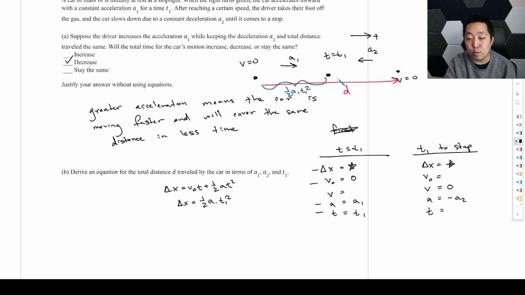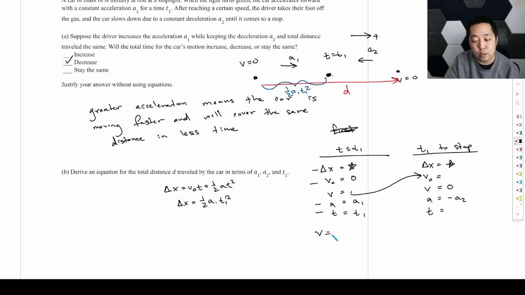However, because it's the same motion, the final velocity of the first part matches the initial velocity here, because whatever velocity we accelerated to can be used as the initial velocity. Once we know that, we can derive the displacement over here.